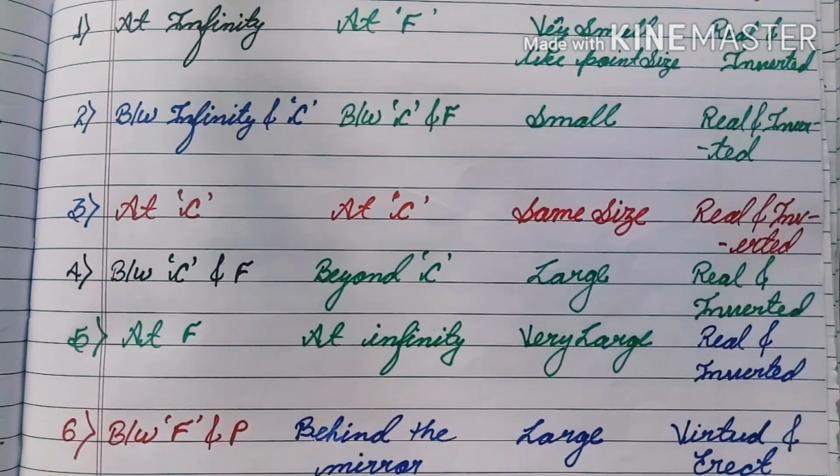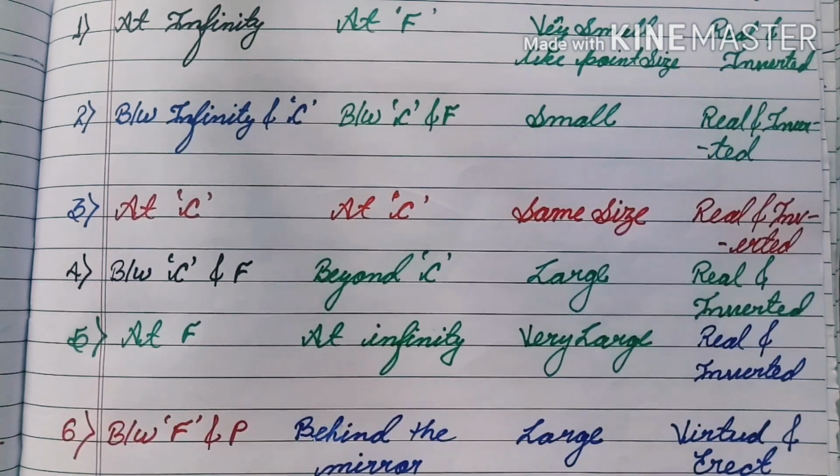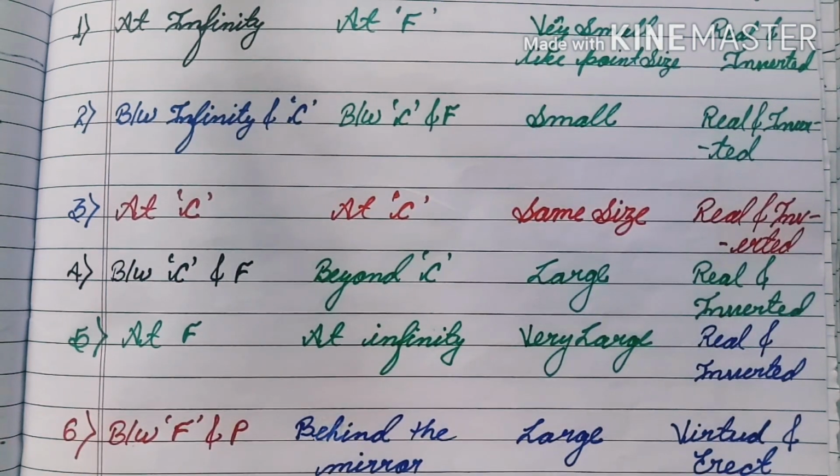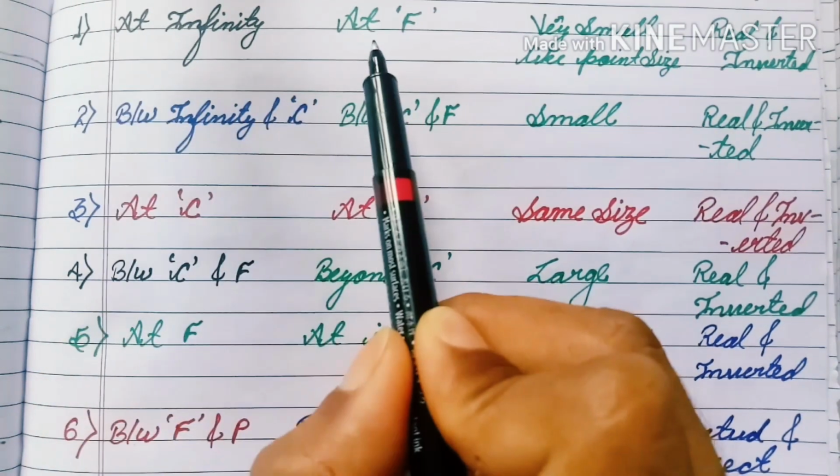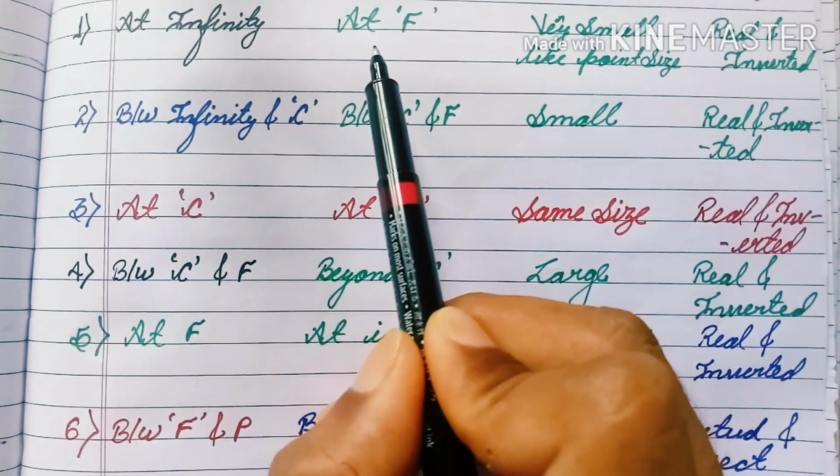Students, when we carefully observe this table, we will find one thing: when we put the object nearer to the mirror, the image forms farther and farther. Like when we put the object at infinity, the image is formed at focus.